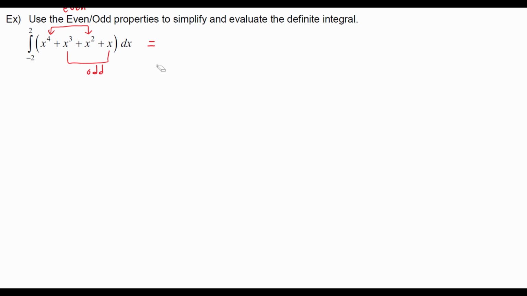So I'm going to split this integral into two of them. Rewrite this as the integral from negative 2 to 2. I'm going to collect the even functions, x to the 4th plus x squared dx. And then I'm going to separate the odd functions by themselves. Negative 2 to 2, x cubed plus x dx.